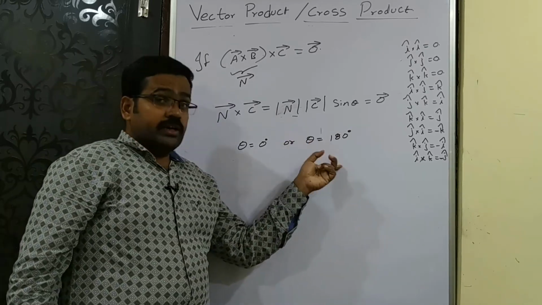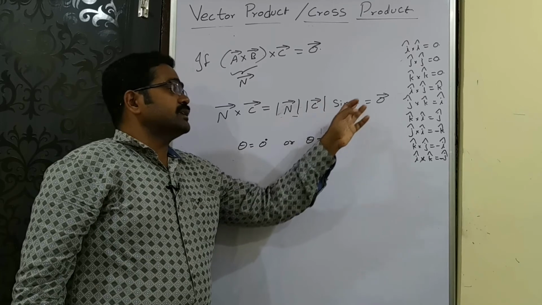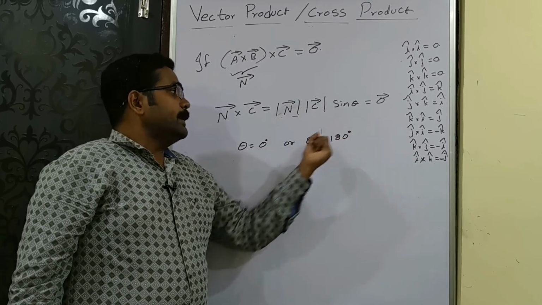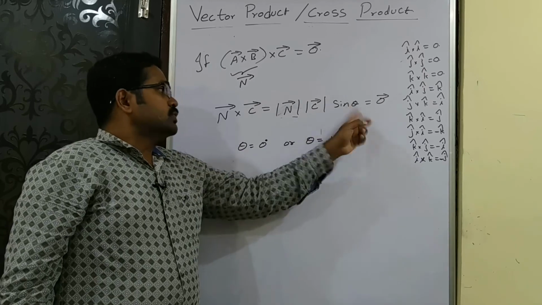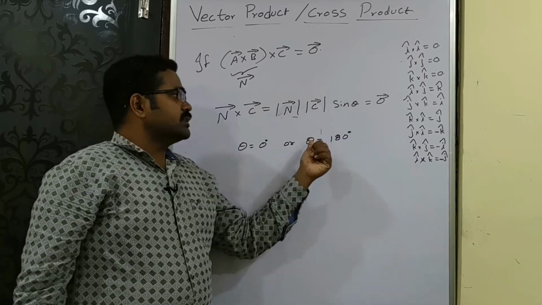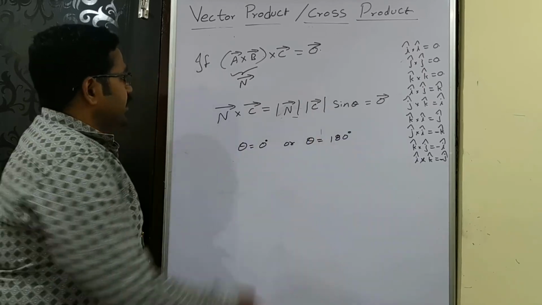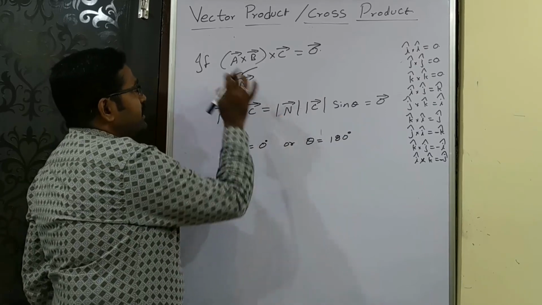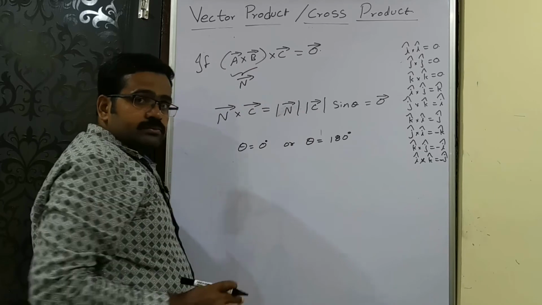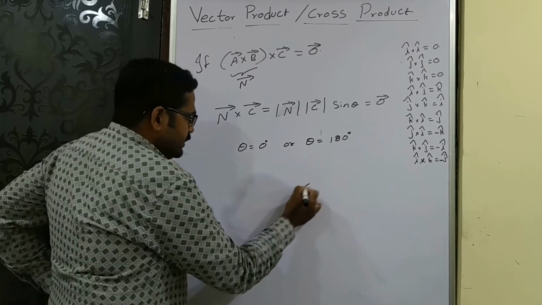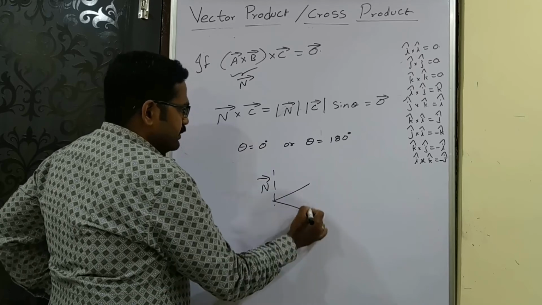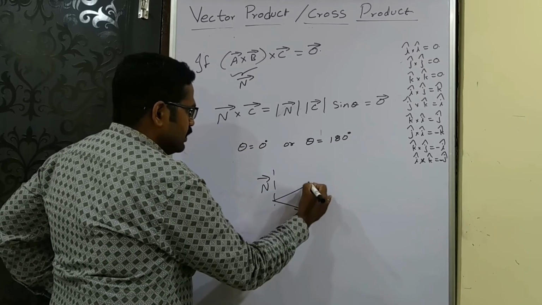If these two are non-zero vectors, then only sin theta can be 0. So theta is either 0 degrees or 180 degrees. If this is vector n, then vector n is perpendicular to vector A and vector B.